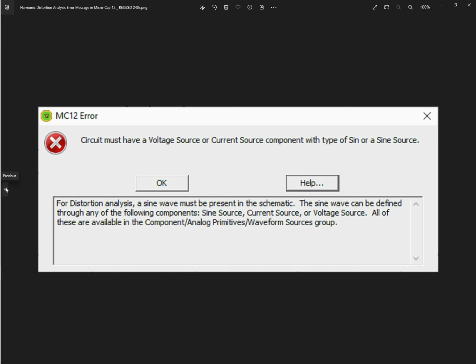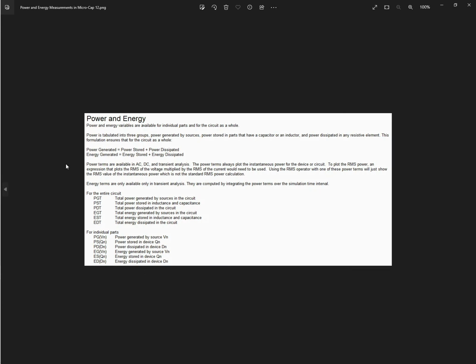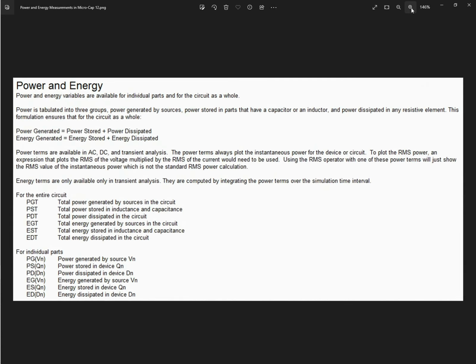So then I tried a different type of analysis, because I wanted to try different types to see what I was missing. And then I came upon this. Oh, this is so interesting. Power and energy. Normally I tell the circuit to give me the power output. I take the voltage times the current if I just want the raw power.